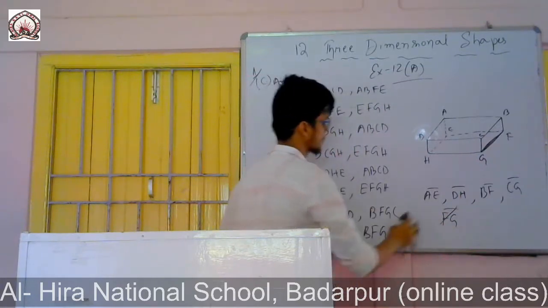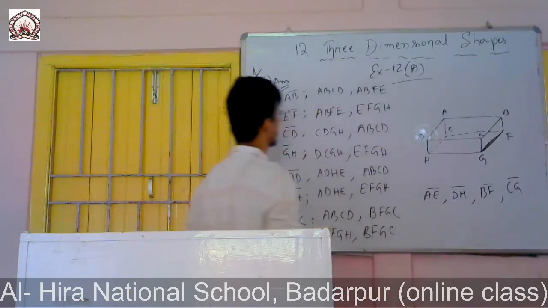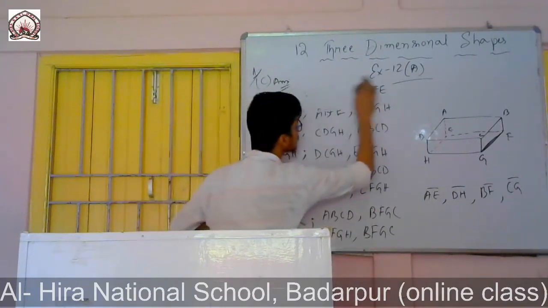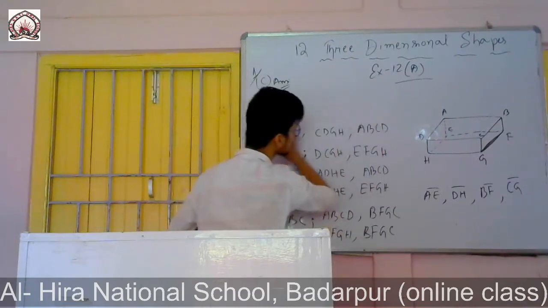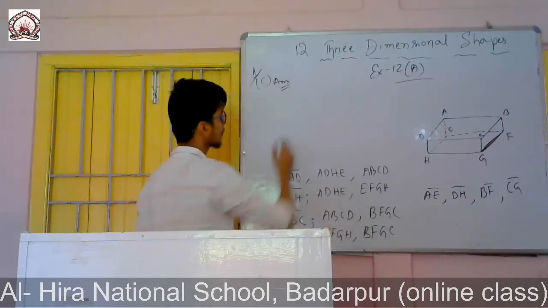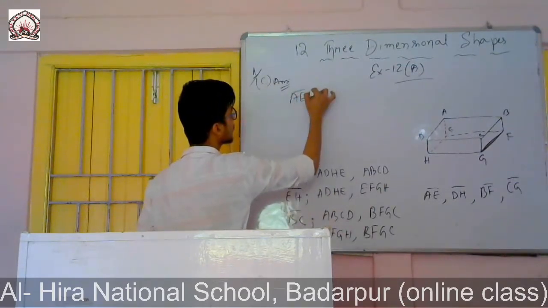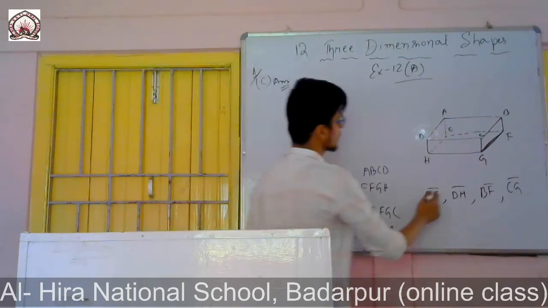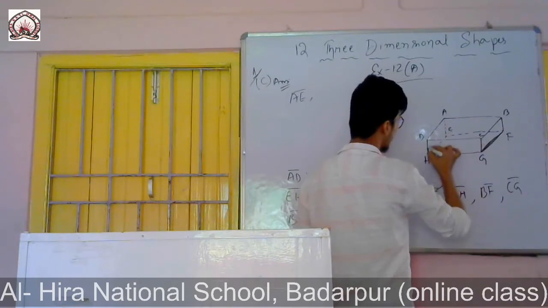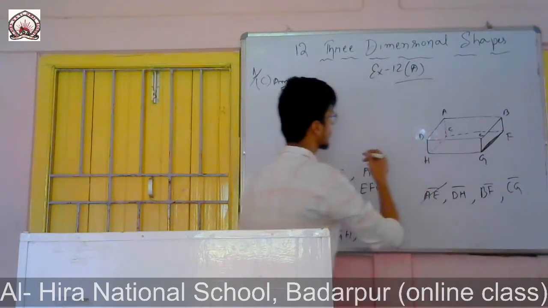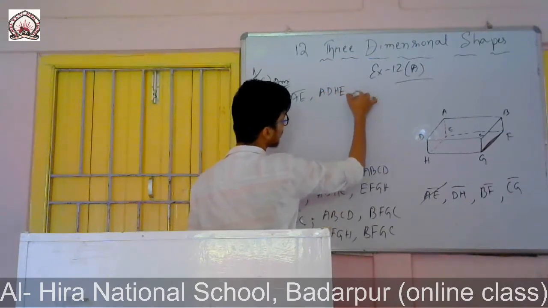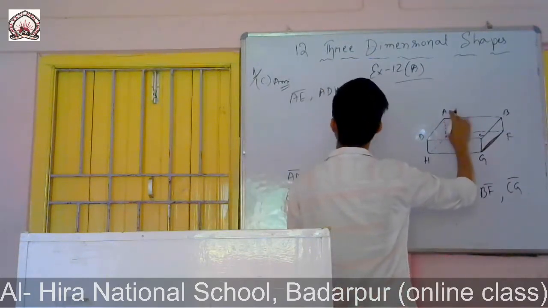Now these 4 left. AE. With AE, this side, this face, AEHD or ADHE, anyone you can write, okay, ADHE. We are finding for AE.